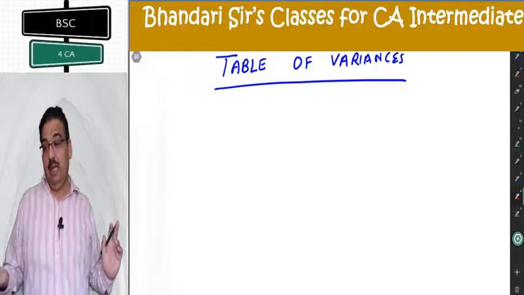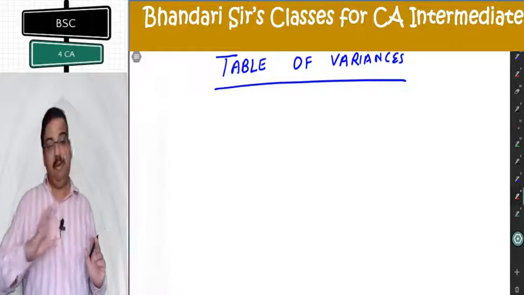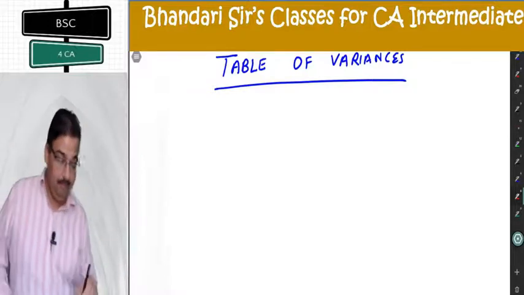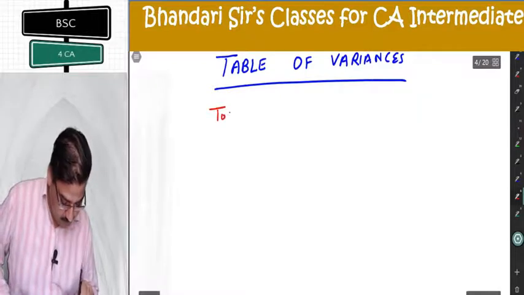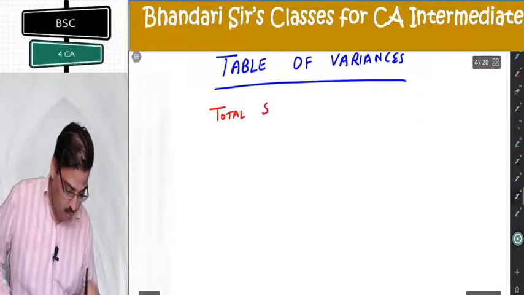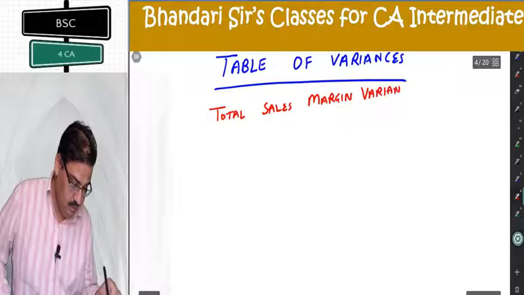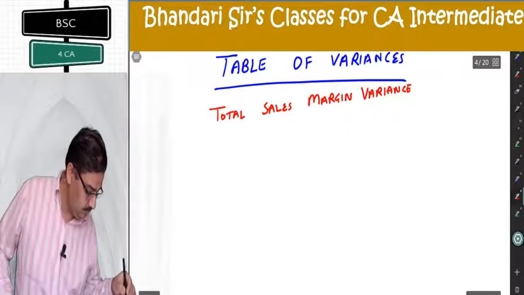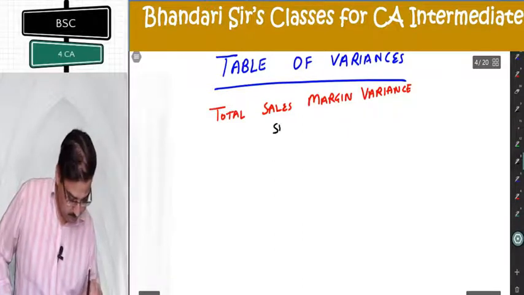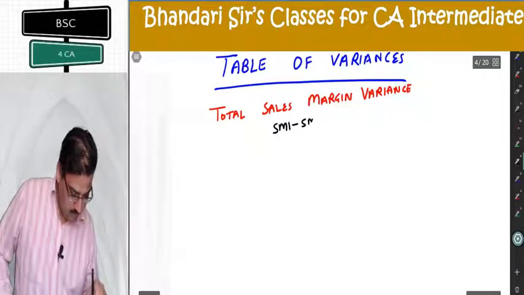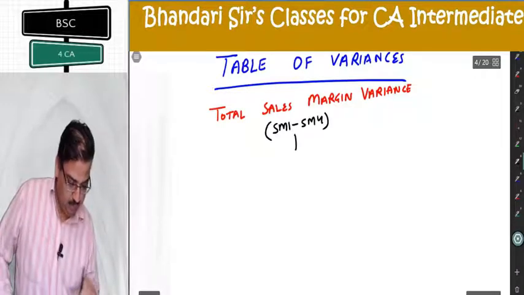Instead of SV steps, there are SM steps. So on the top, total sales margin variance, SM1 minus SM4.